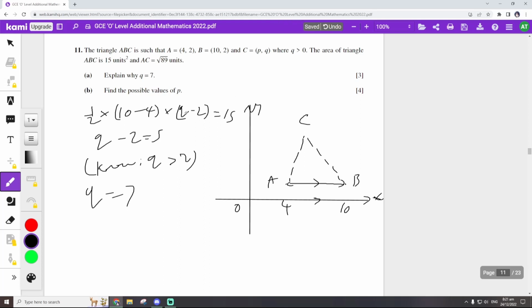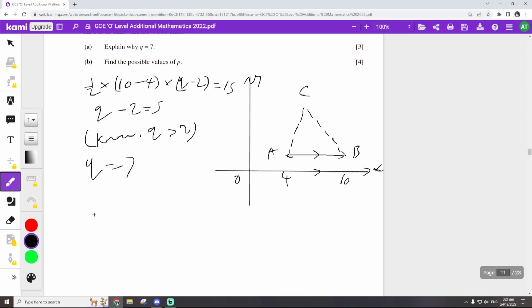Find the possible values of p. So of course AC squared is 89. So what I need to do is find the equation of a circle. I'll use the distance formula rather. So (p minus 4) squared plus, we already know 7 is here, (7 minus 2) squared equals 89.